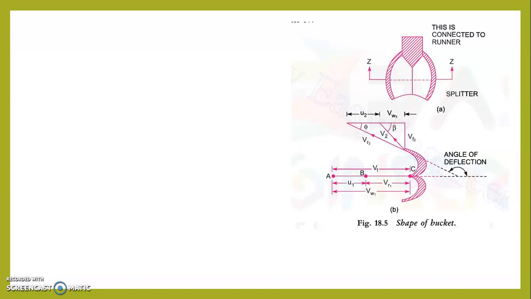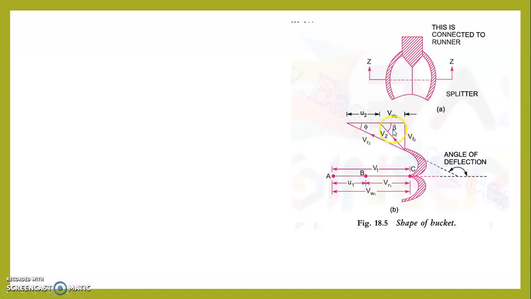Normally we will be representing U1 and U2 by a single term called U. So the water will be striking with a velocity V1, the blade is moving with a velocity U. So in total, the blade will feel the water is striking at a velocity VR1. This is the inlet velocity, and V1 has a horizontal component VW1. Since V1 is horizontal, it won't have any vertical component. So VF1, the vertical component of V1, is equal to 0.